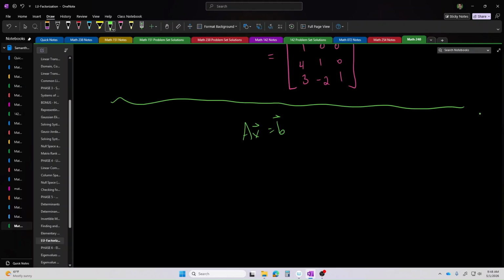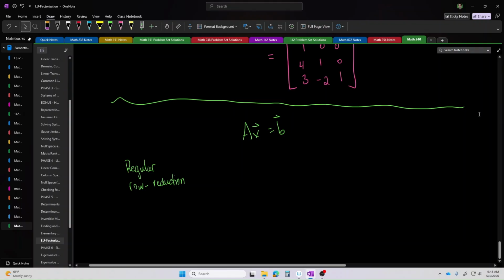We've established just the regular row reduction method. Just set up your augmented matrix A augmented with B, row reduce that, and read the solutions.